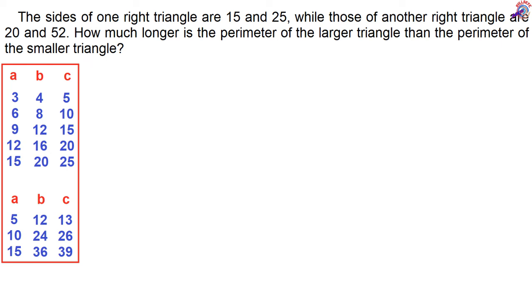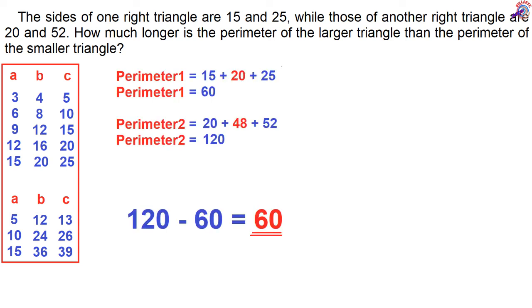Let's try another one. Don't forget to pause the video again. Give yourself the time to solve it, and then play it when you're ready. You ready? Okay, let's check. The first one, we were given 15 and 25. As we can see in our list, the third side is 20.